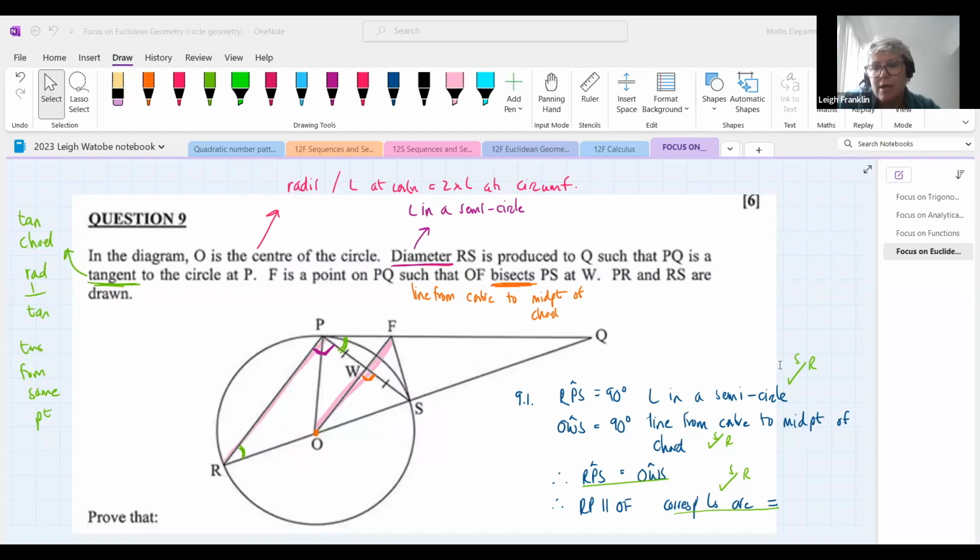Okay. All right. So you didn't know that you could use corresponding angles are equal to prove that lines were parallel? Yes, basically. Okay. All right.